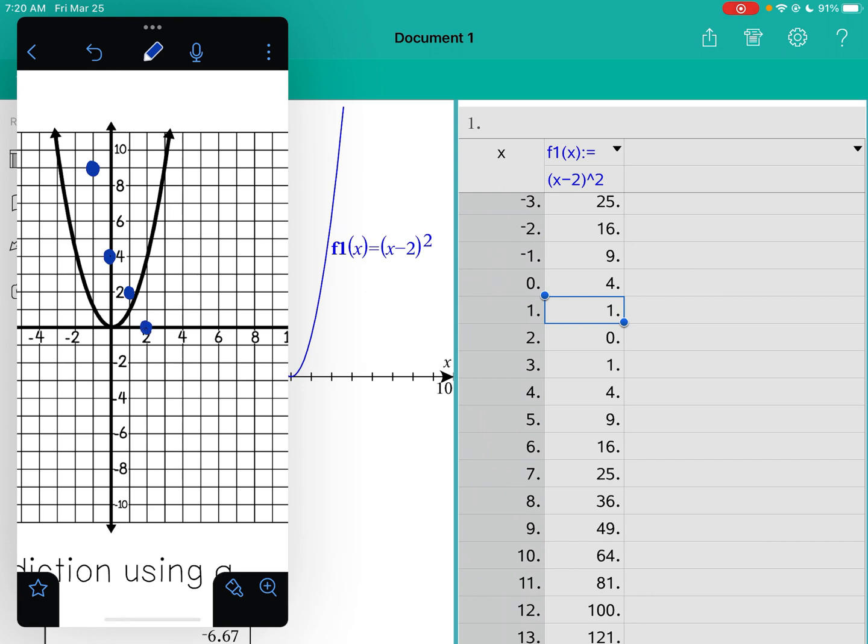I have 2, 0. And I have 3, 1. 4, 4. And 5, 9. So I probably graphed a little more than I needed to, which is perfectly fine. Okay, so I'm going to connect the dots.